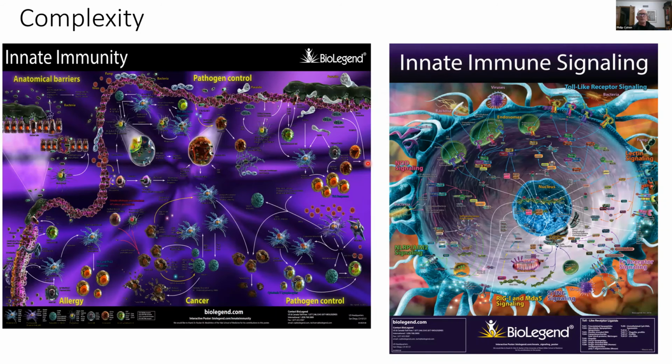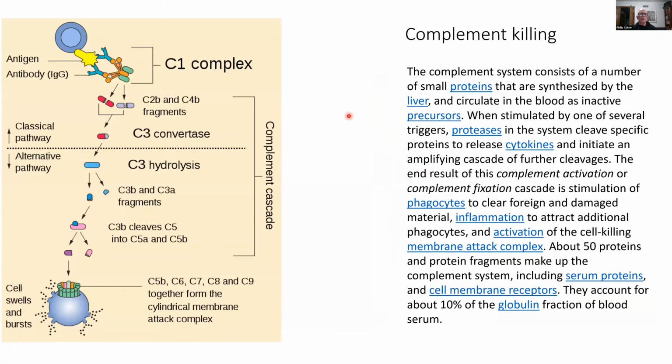And another example. And complement is a way that antibodies kill cells. Antibodies attach to a structure that their variable regions are specific for, and the constant part of the antibody attaches a fragment of this cascade of proteins called complement, and then this triggers what's called the complement cascade.